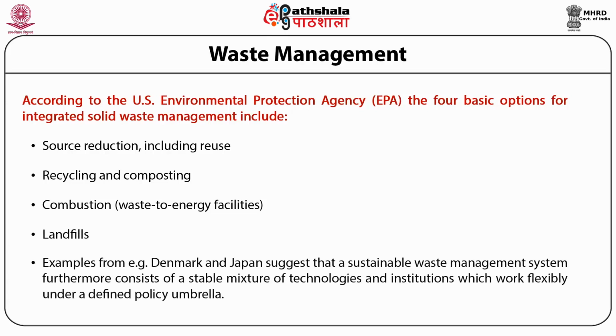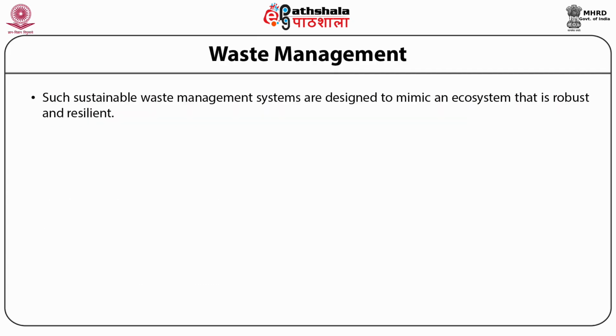Examples from Denmark and Japan suggest that a sustainable waste management system furthermore consists of a stable mixture of technologies and institutions which work flexibly under a defined policy umbrella. Such sustainable waste management systems are designed to mimic an ecosystem that is robust and resilient.